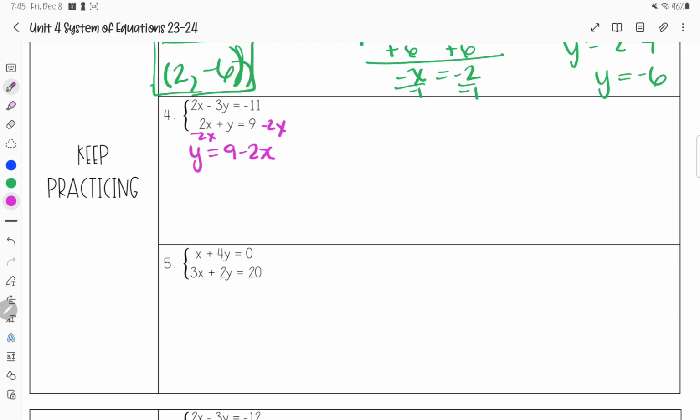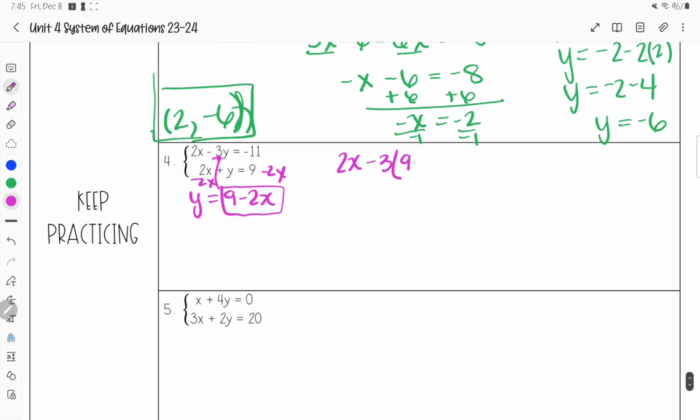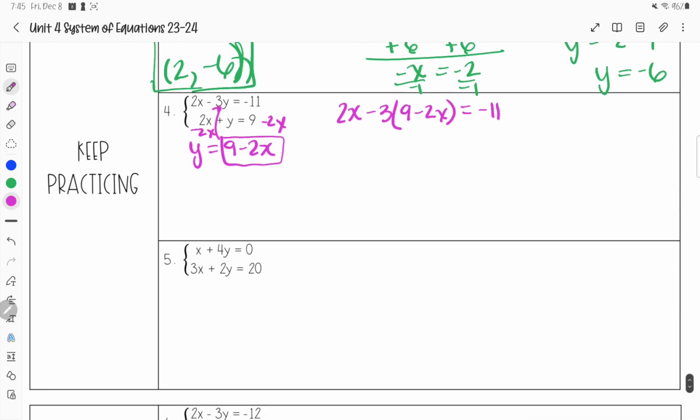So I have officially solved for either my x or y. Now that I know what y equals, I'm going to replace it with this y right there. So I'm going to have 2x minus 3, replacing my y with what we said y equals, and this is 9 minus 2x equals -11.